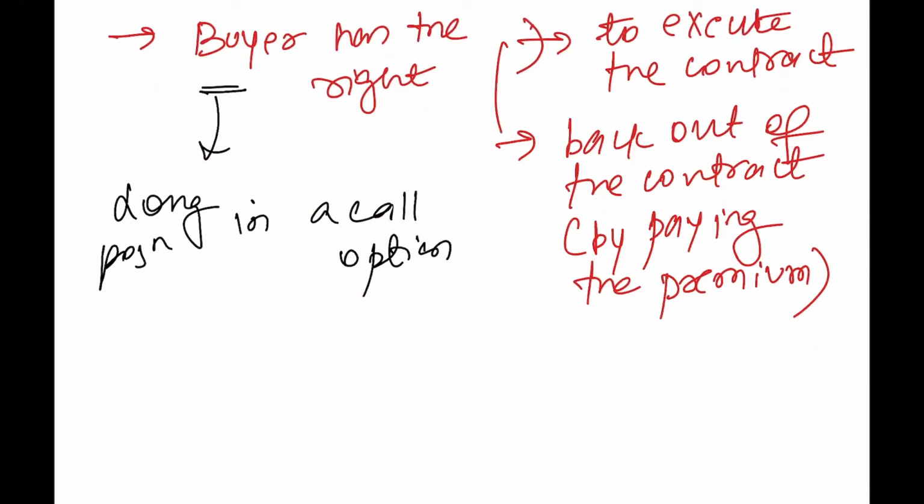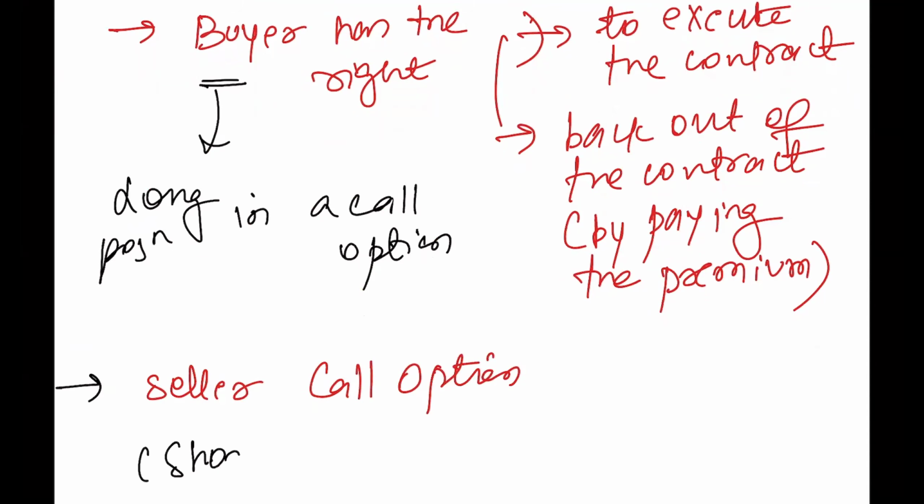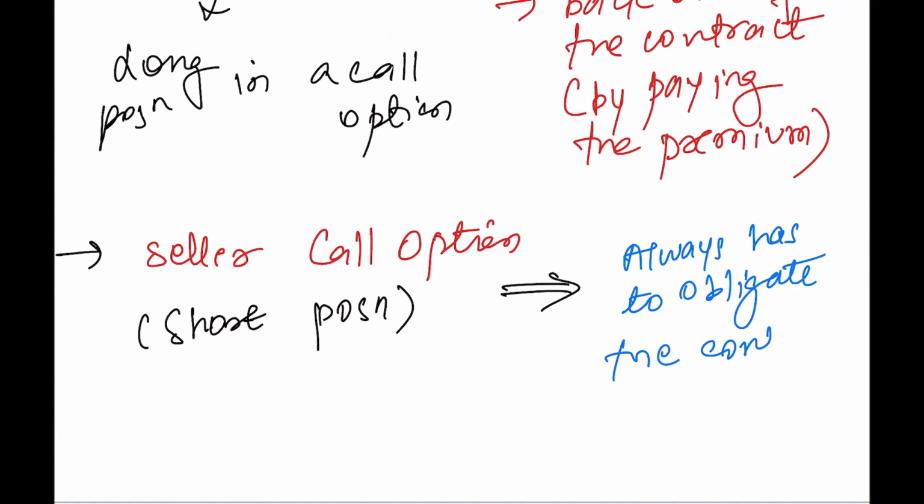But the seller of a call option, who's in a short position, always has to obligate the contract, irrespective of profit or loss.